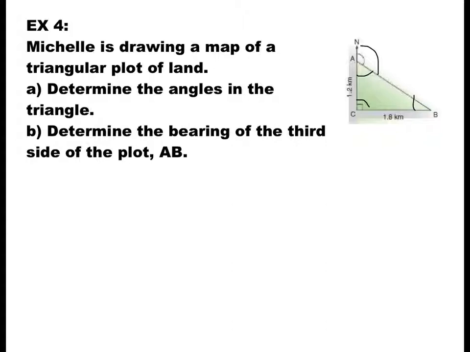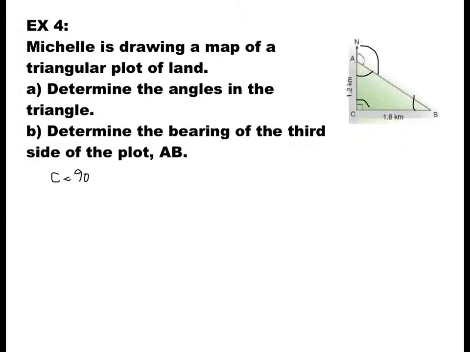Okay, to find, let's say, start with angle C. We know that C is 90 degrees. It's given in the diagram. To find angle B, I'm going to use the information given. Assuming angle B is given, I know angle B, the side opposite, and the side adjacent to angle B is known.